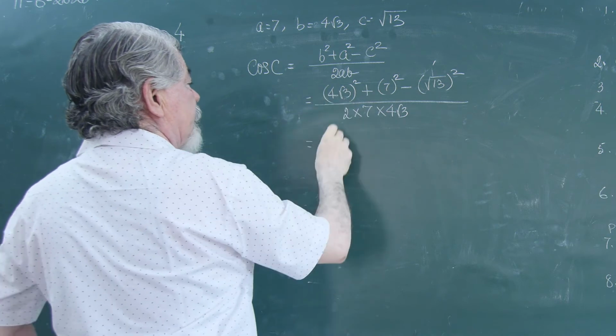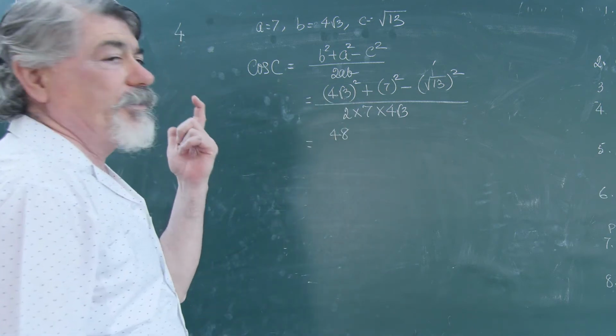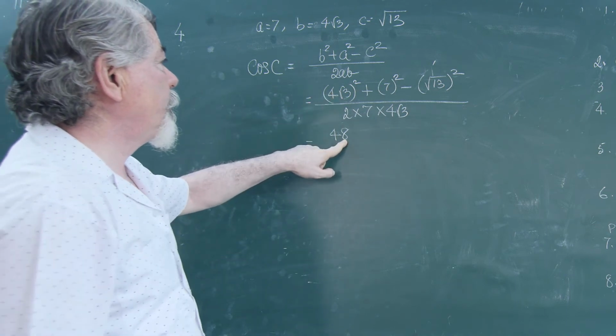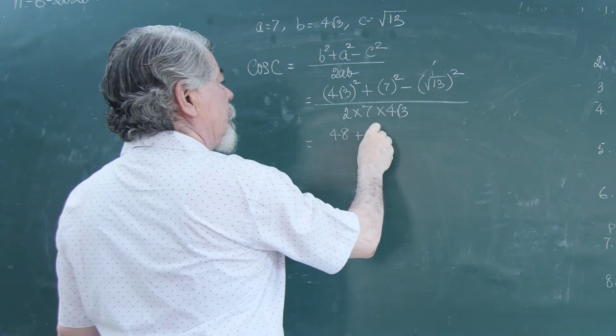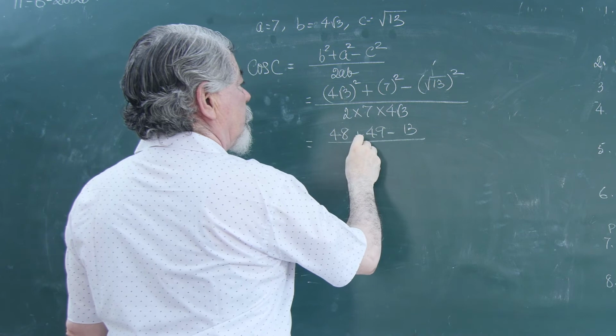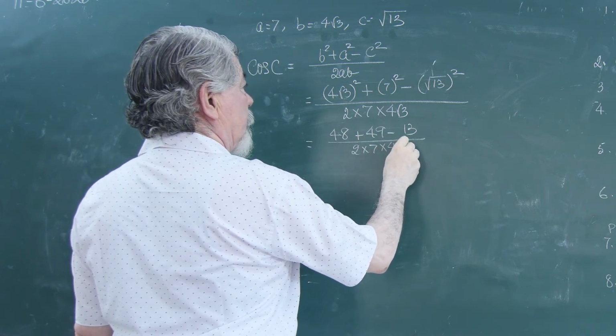It will be 16, 3s are 48. 4 4s are 16, root 3 into root 3 will be 3. So 16, 3s are 48. Plus 7 7s are 49. Minus 13 upon 2 into 7 into 4 root 3.